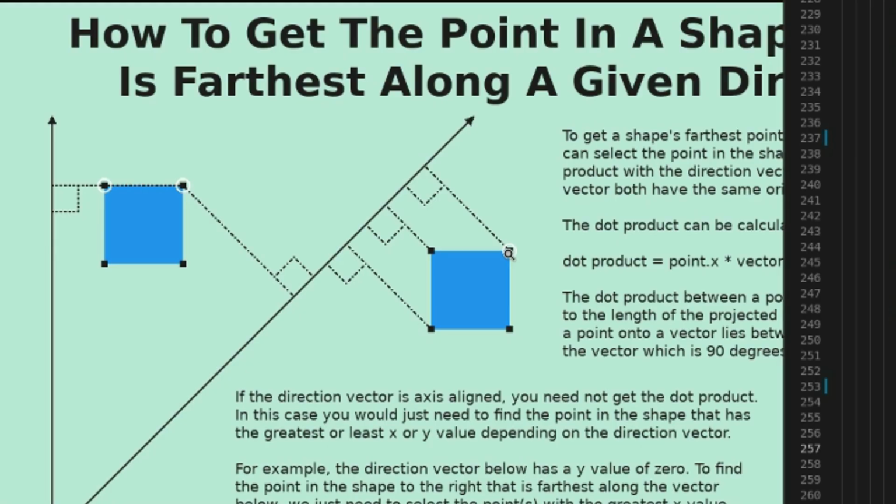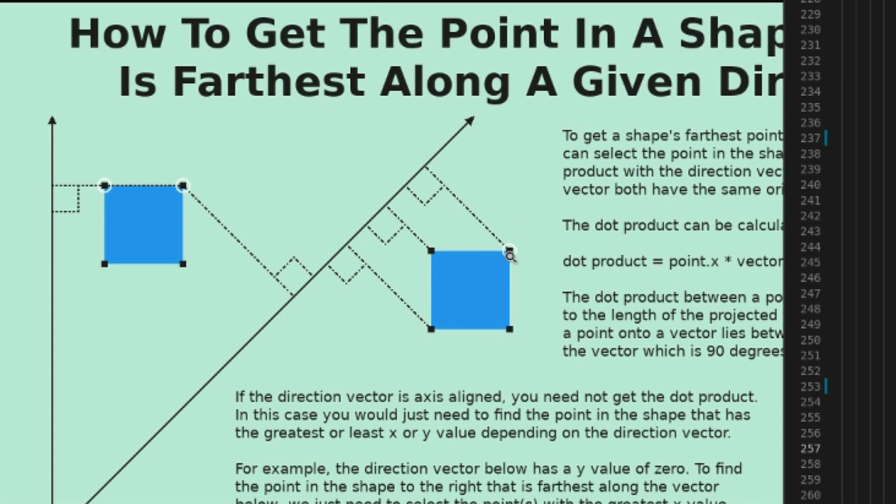Then we get the dot product of this point, and we can see that clearly the dot product, which is directly related to this point that we end up on by drawing a perpendicular line from the vector to this point, is going to be greater for this point than it was for this point or this point down here. And we can see that just by looking at where they would end up if we projected them onto this vector here. So we know that this point is farther than this point.